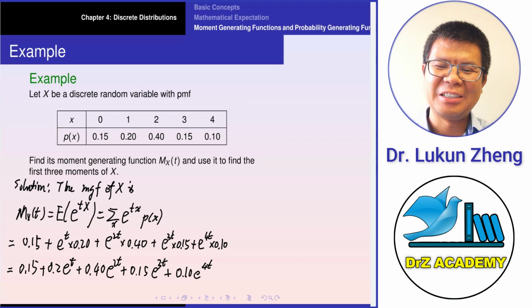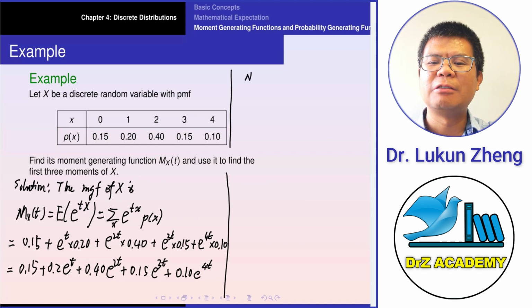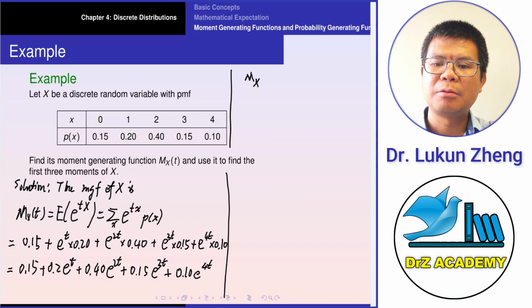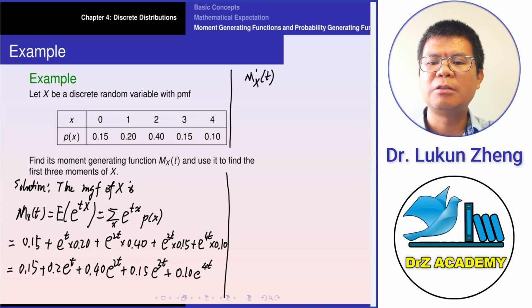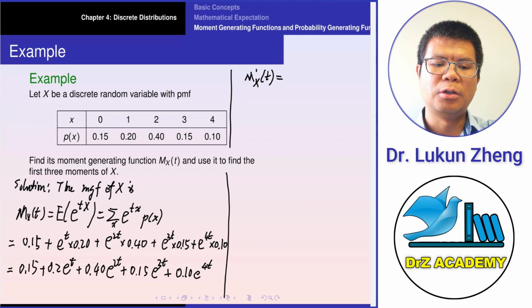Now let's use this to find the moments. Firstly, we need to find the first derivative, M_X prime of t. The constant term goes away, and the next one stays the same, 0.2 e to the power t.